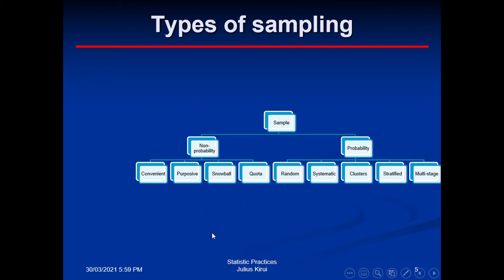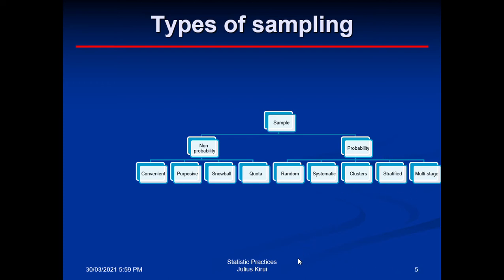In non-probability sampling, you're not using probability to get your sample. You're not using statistical techniques to get your sample. But in probability sampling, we have random, systematic, cluster, stratified, and multi-stage sampling.